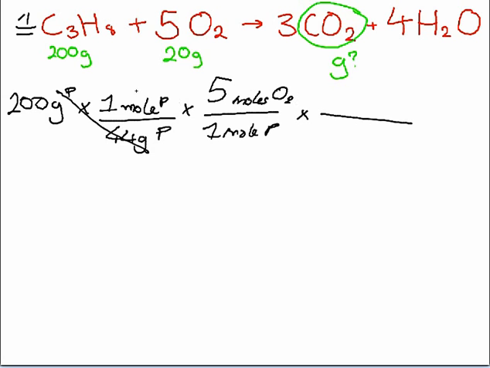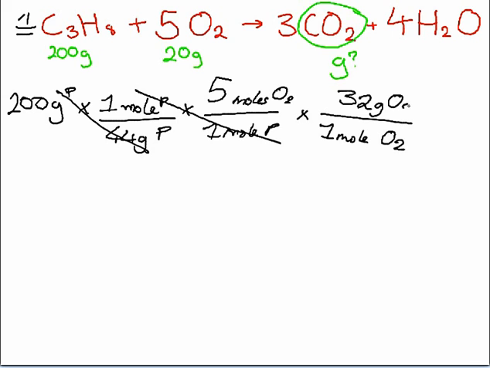Okay, so this is canceled out. We need to cancel out this, so we need to put 1 mole of O2 is how many grams? It's 32 grams, using the periodic table.